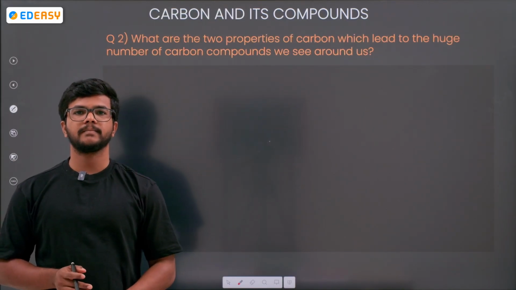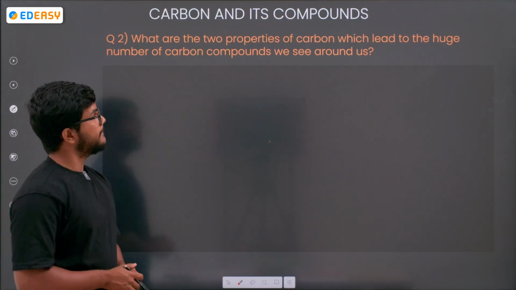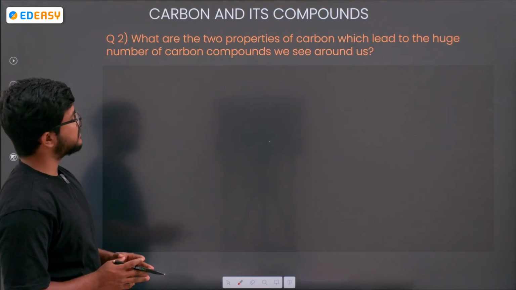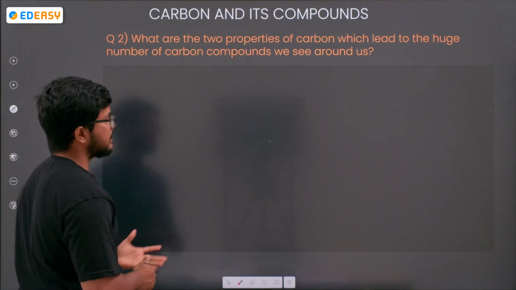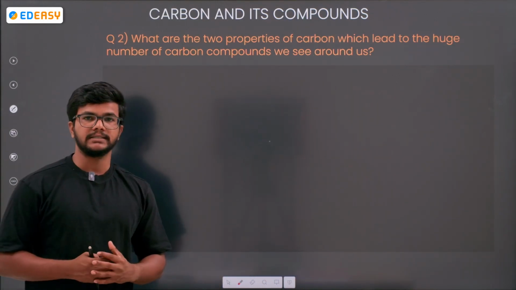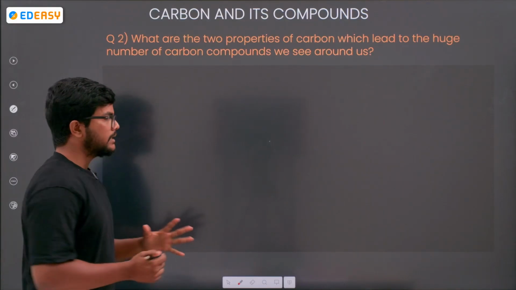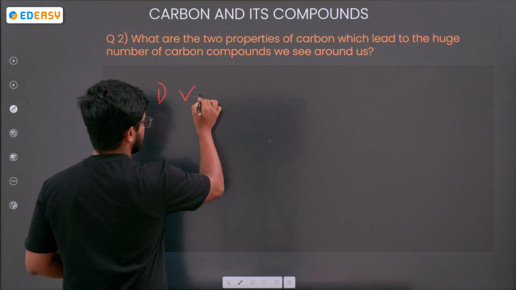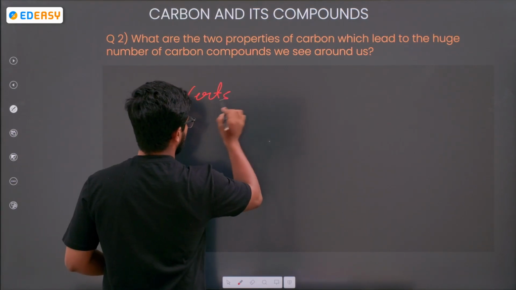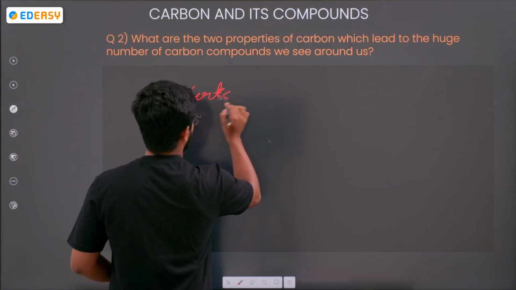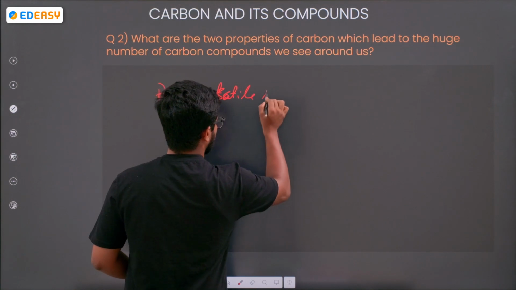Next is, what are the two properties of carbon which lead to the huge number of carbon compounds we see around? Carbon has a special character, that is the versatile nature of carbon.